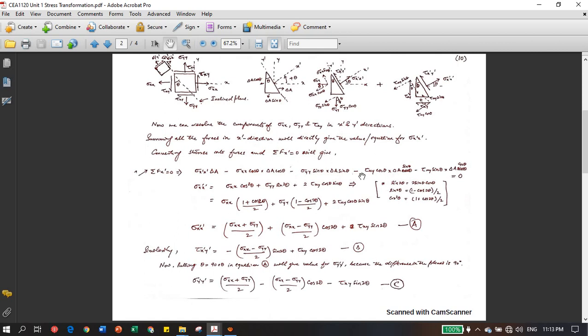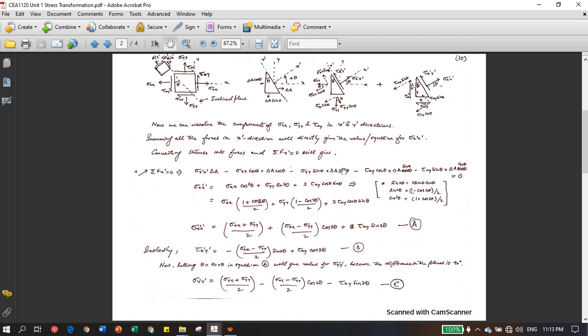So this is how we can calculate the equation, and see here, this is your minus x dash direction, and this is also your minus x direction. So this is how we are getting tau xy sin theta into a cos theta, and tau xy cos theta into a sin theta.